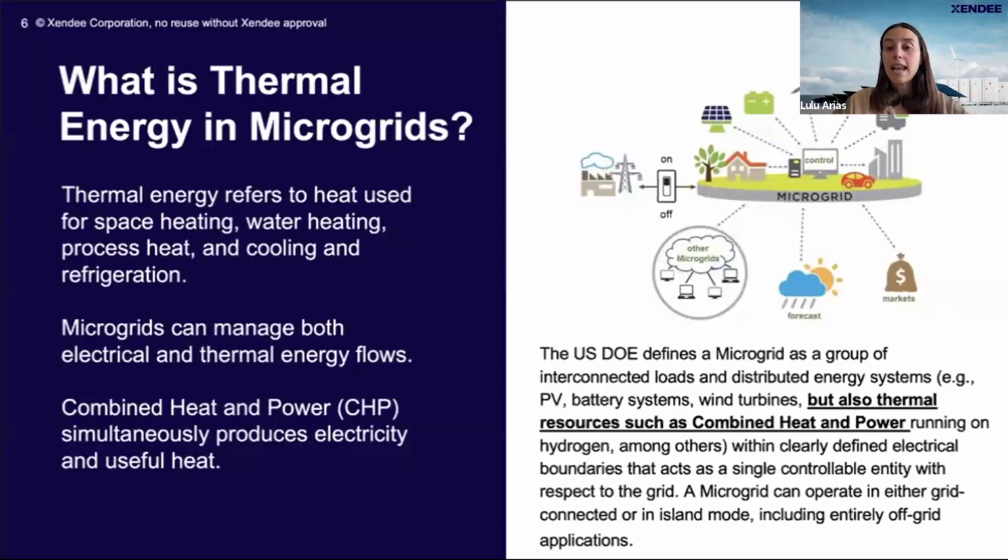This includes both electrical resources like PV, batteries, and thermal resources like CHPs. Therefore, a true microgrid must manage both electrical and thermal energy flows. This integration, especially through CHPs, which simultaneously produce both electricity and useful heat, is the primary driver for achieving the highest possible system efficiency.